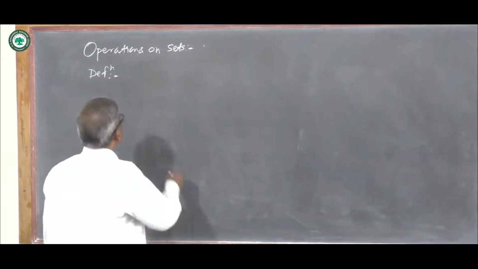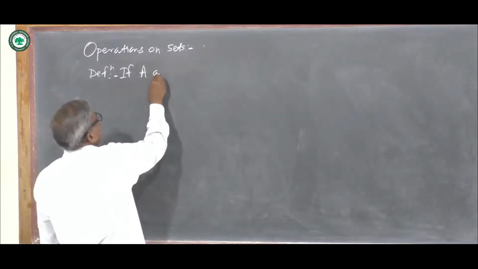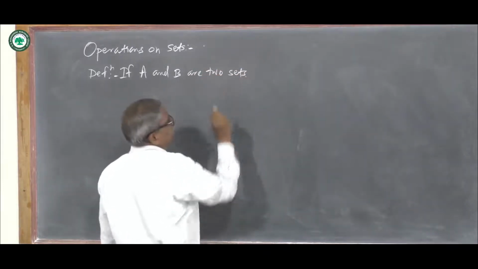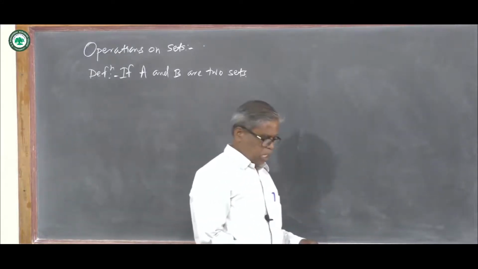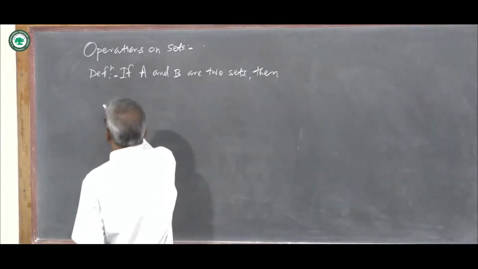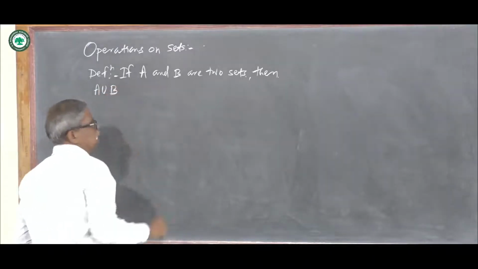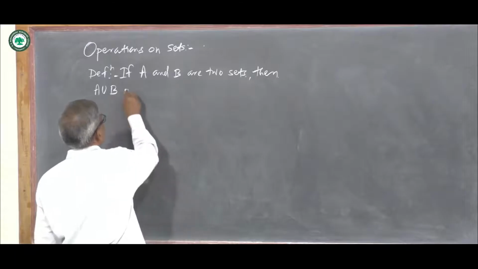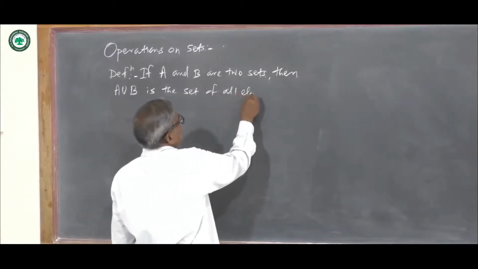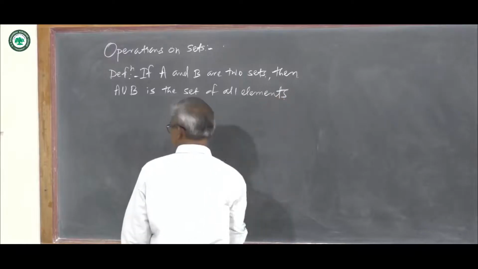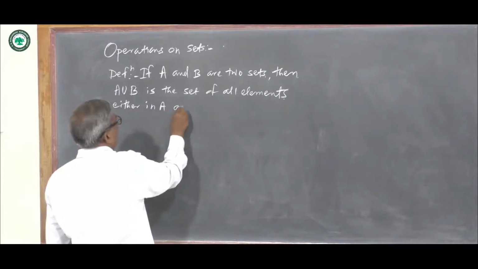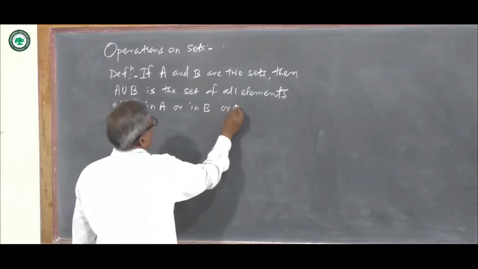If capital A and capital B are two sets, then A union B is the set of all elements either in A or in B or both.